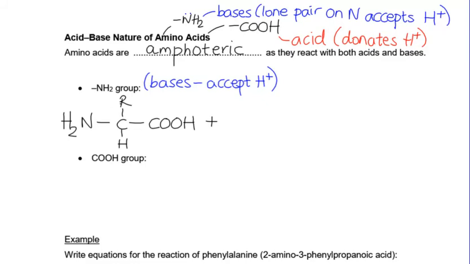So we're going to add H+. And where's that proton going to go? Well, that proton is going to attach itself to the lone pair on the nitrogen. So the nitrogen already had 2 H's and a lone pair, and we're going to put that third one on. That's going to make our amine an ammonium salt, and we've got a plus charge on our amine.